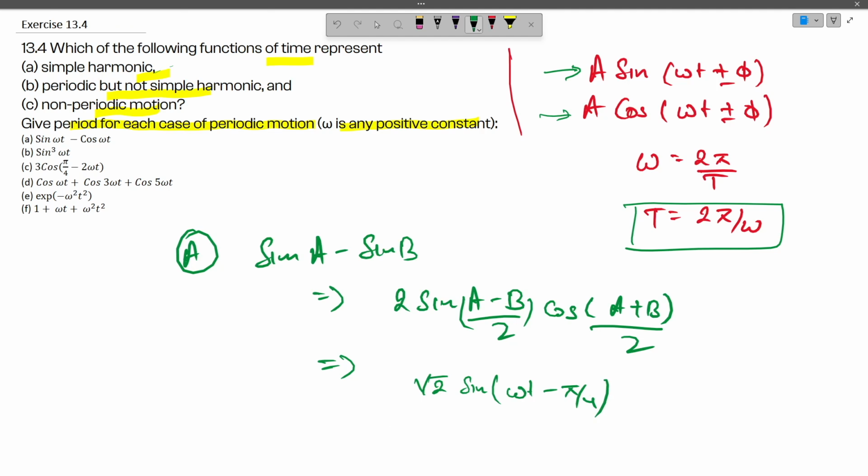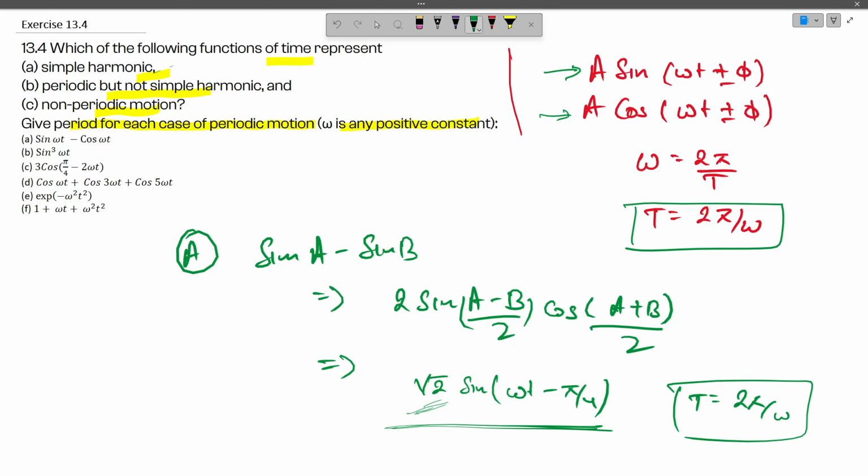So this equation is in the form of A sin(omega t minus phi), where A, the amplitude, is root 2, and omega is omega. So we can find the time period using this formula: T equals 2 pi by omega.